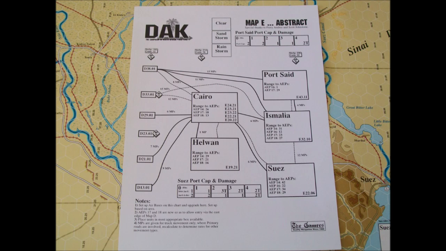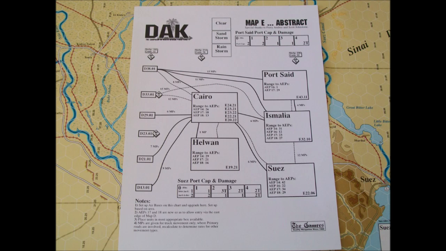This is an 8.5 by 11 cardstock, but it has all the important places on map E: Port Said, Suez, Cairo, etc. And then the 2 ports have a port track on there like they would on the big map. And then you can see all these locations show in movement points how many movement points or air entry points it would take to get to a certain hex on the next map over.